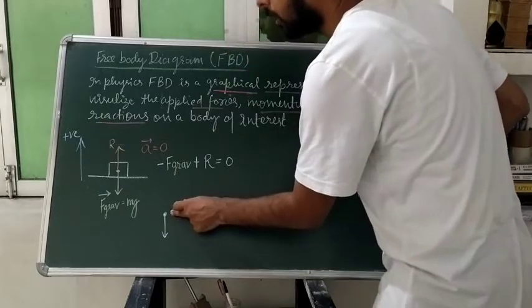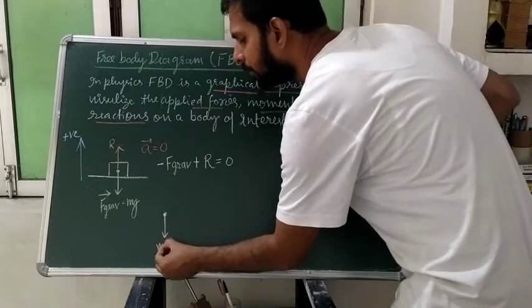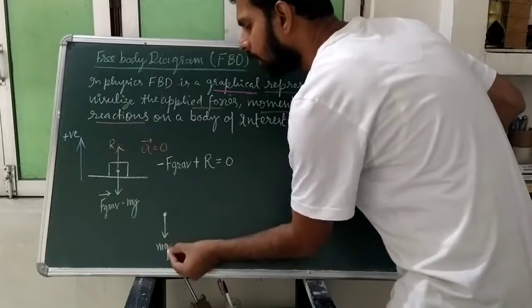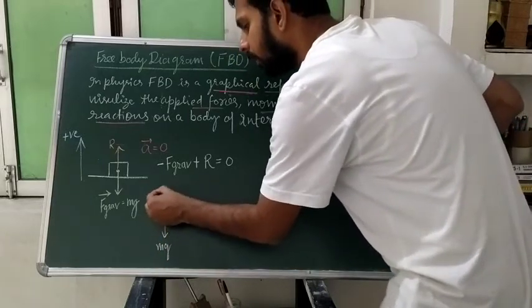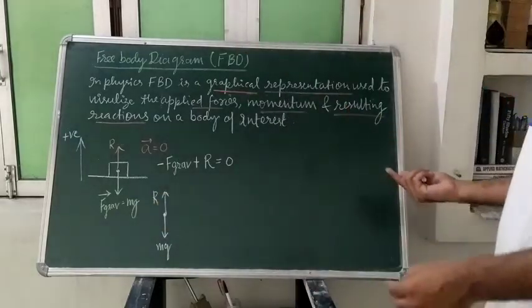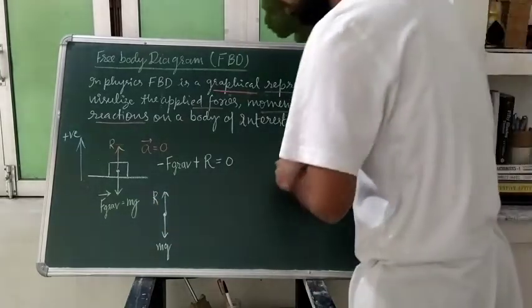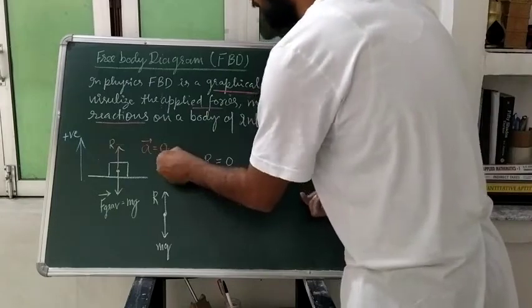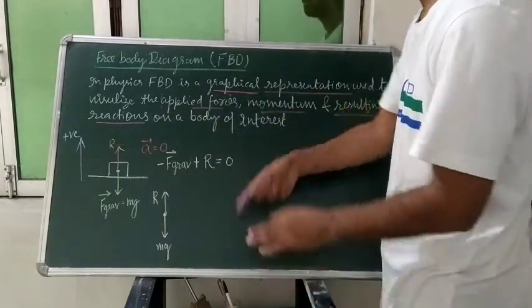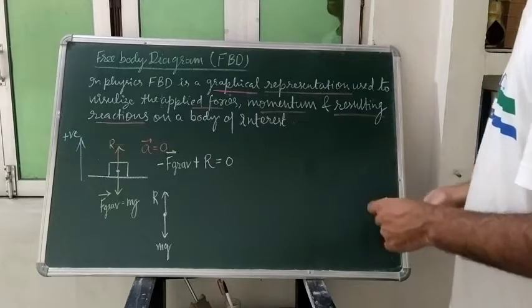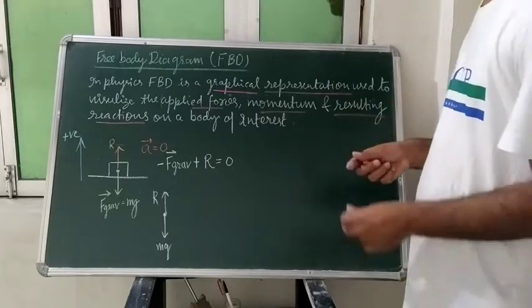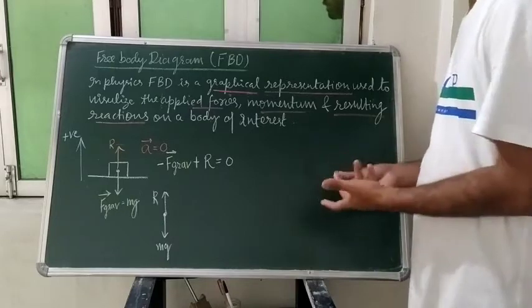And mg you will write in the downward direction, and this reaction will come upward. Since no acceleration is present, no net force will act on that body, and the sum of the forces acting on the body will be equal to 0.